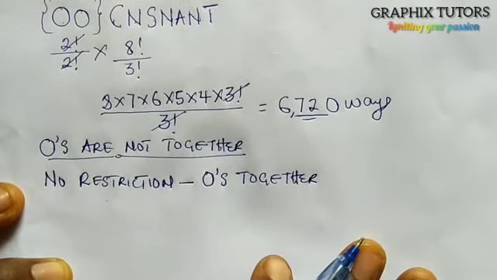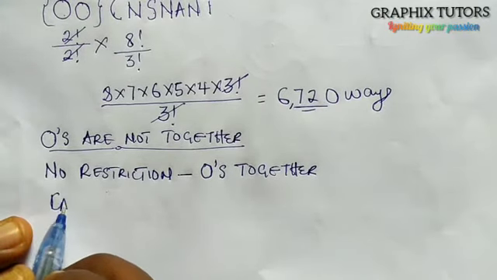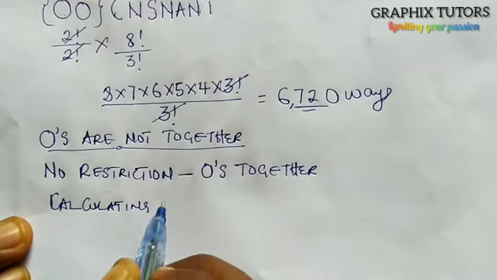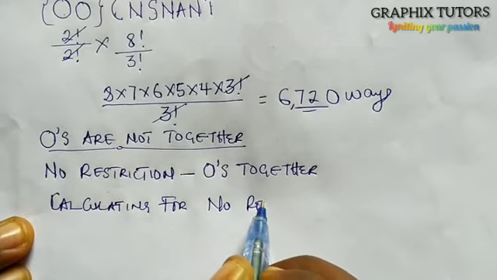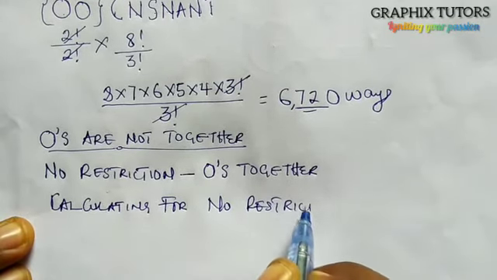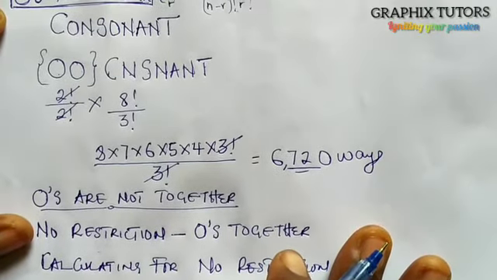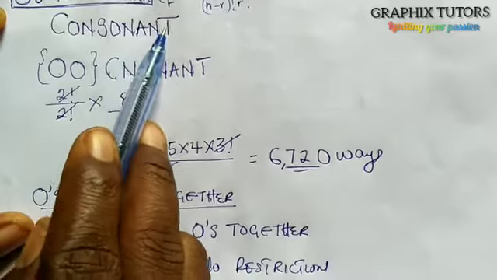So in doing no restriction, calculating for no restriction, the word consonant will now give me 1, 2, 3, 4, 5, 6, 7, 8, 9.